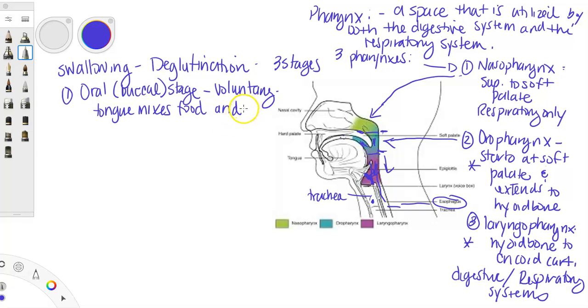And with the saliva, it makes the bolus. And then it is pushed voluntarily into the oropharynx.